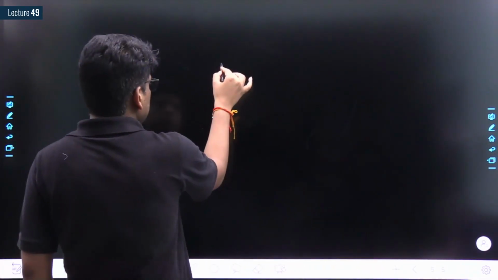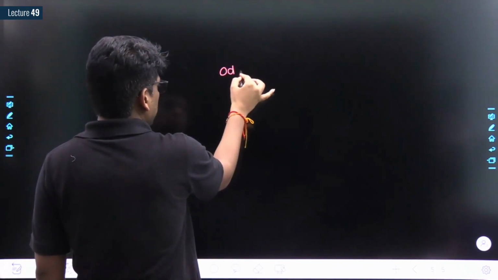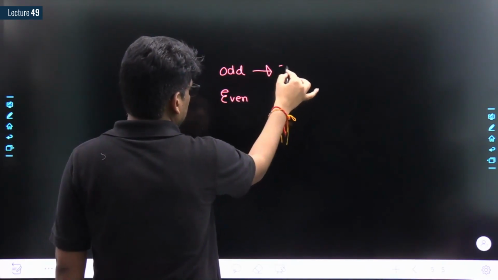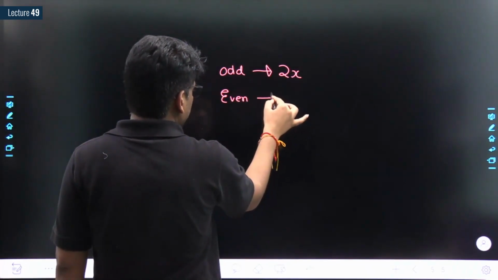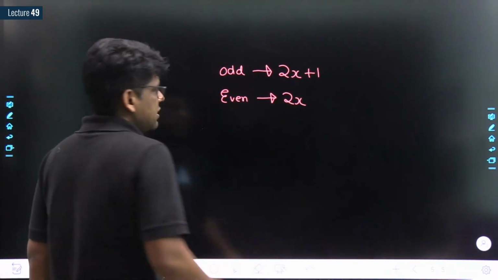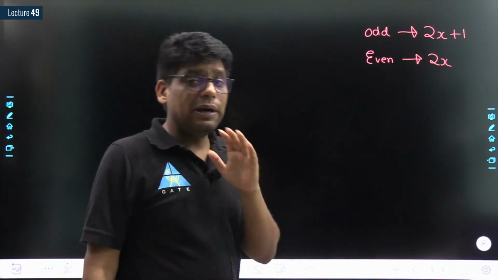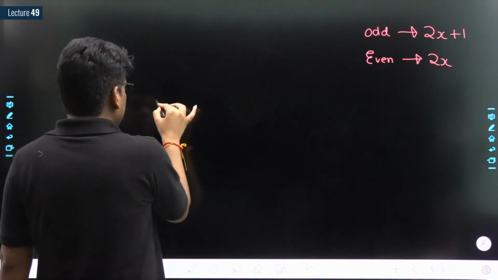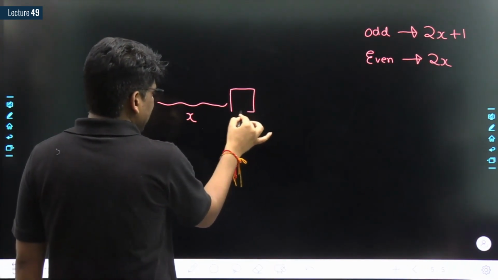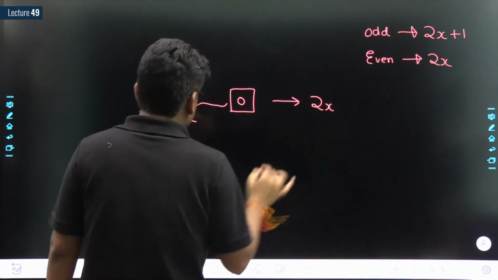Sir, let us suppose I have any binary number. That number could be odd or that number could be even. In mathematics, a number of type 2x is said to be even, and a number of type 2x plus 1 is said to be odd. I already discussed multiple times that, sir, if we have a binary number with a value x, if I append a 0, then its new value becomes 2x.